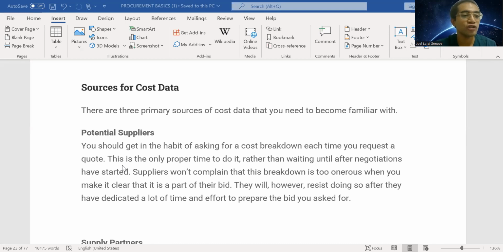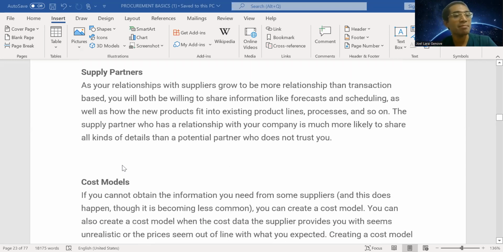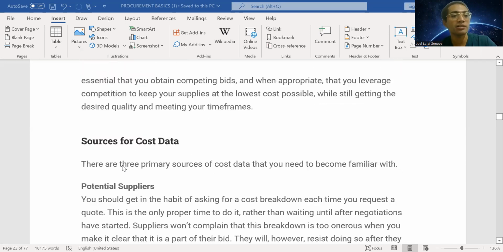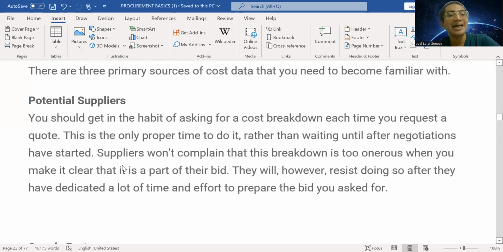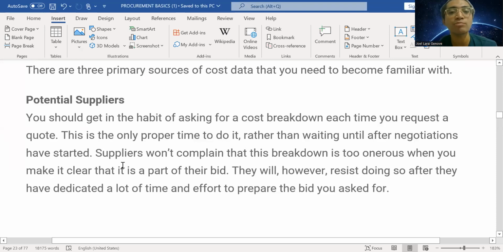Move to the next page, sources for cost data. There are three primary sources of cost data that you need to become familiar with. First, potential suppliers, supply partners, and cost models. What about potential suppliers? You should get in the habit of asking for a cost breakdown each time you request a quote.